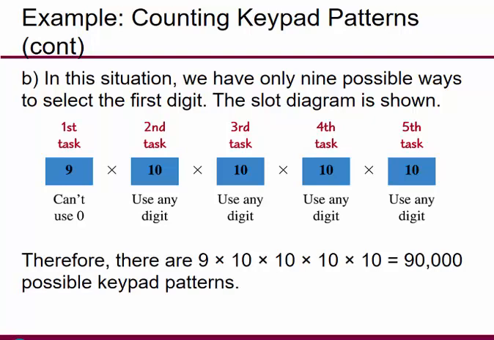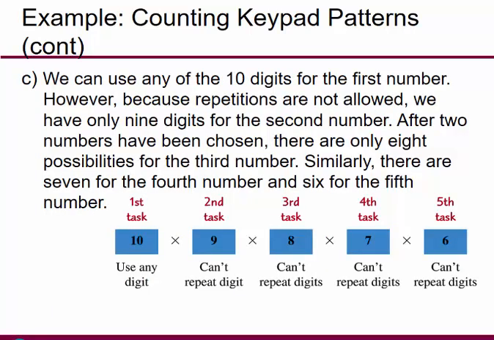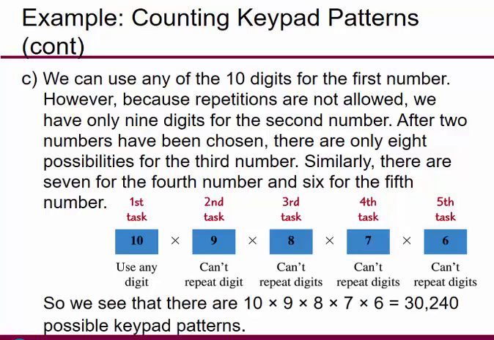Therefore there are 90,000 possible keypad patterns. And in C, we can use any of the 10 digits for the first number. However, because repetitions are not allowed, we only have 9 digits for the second. After 2 numbers have been chosen, there are only 8 possibilities for the third, and then there are only 7 for the fourth and 6 for the fifth number. So this will be 10 times 9 times 8 times 7 times 6, which is 30,240 possible keypad patterns.